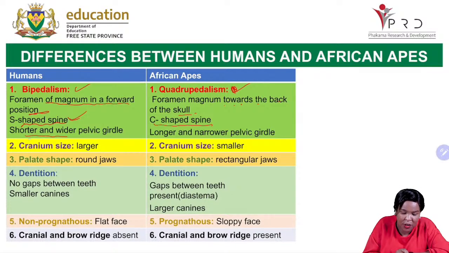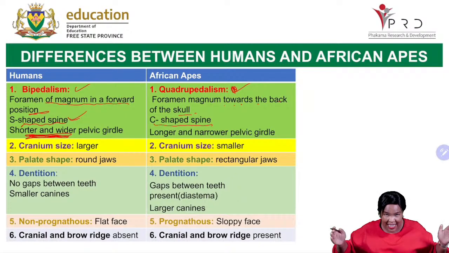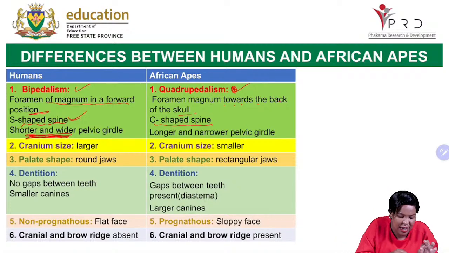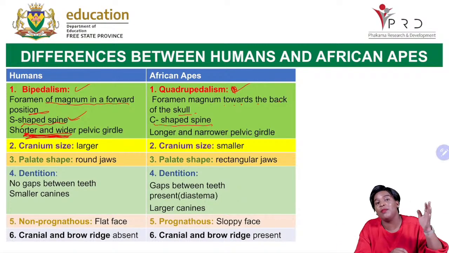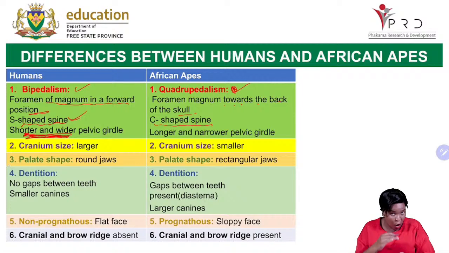Then what about the pelvis? Please use the correct words that are used here. The pelvis of the humans is shorter and wider. So you don't use another synonym for short that may mean something else. Please just use short, and you don't say small.